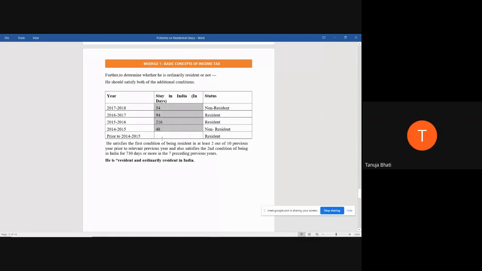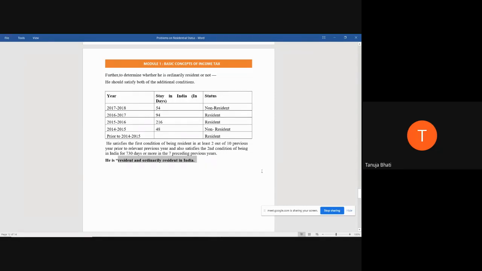So plus 365 plus 365 if you do, it is becoming more than 730 days, like 1142 days he's staying in India in the 7 years. So he's satisfying the second additional condition also. Therefore, when he's satisfying both the additional conditions, he becomes a resident and ordinarily resident in India. Therefore, he is tagged as ROR.